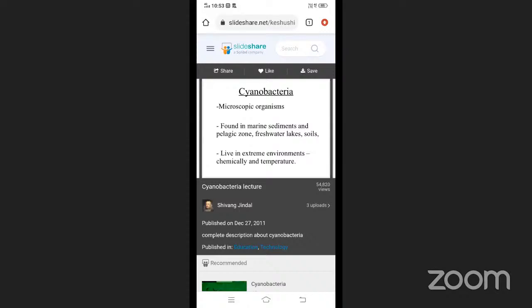Okay, so the cell structure of the cyanobacteria. We discussed this is a prokaryotic cell, so all characters are similar to the prokaryote. Here the incipient DNA is present.